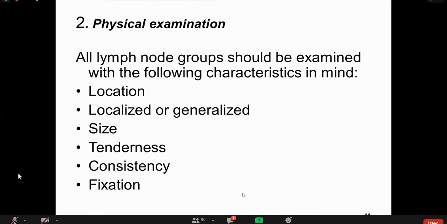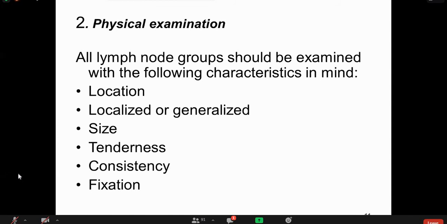Coming towards the physical examination. Whenever a structure is described in terms of physical examination, one should keep in mind what aspects should be focused upon. Like, what is the location of the lymph node? If you're finding a lymph node at one location, is it localized to that area, or is there lymphadenopathy at other parts as well?